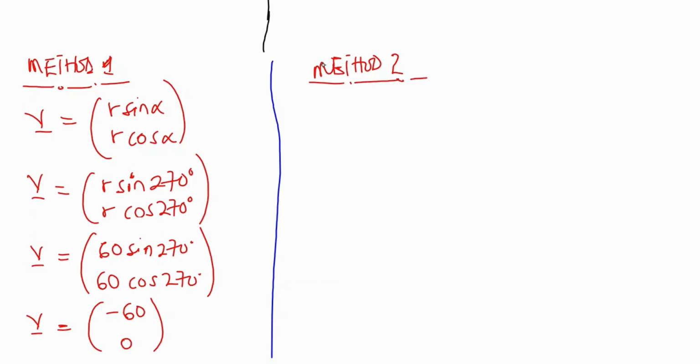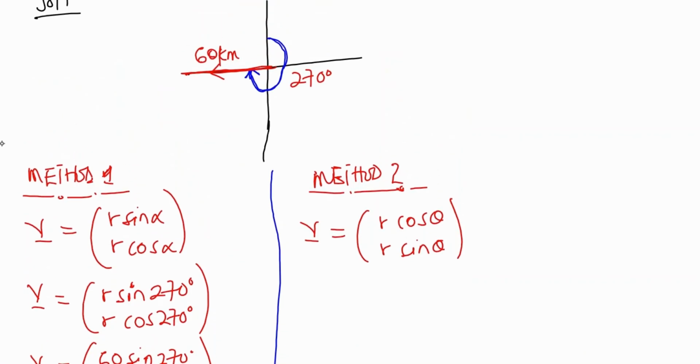My handwriting, so I hope you forgive me on that. So method 2, you are saying that v is equal to, so you have r cos of theta, you have r sine of theta. Now what is theta?